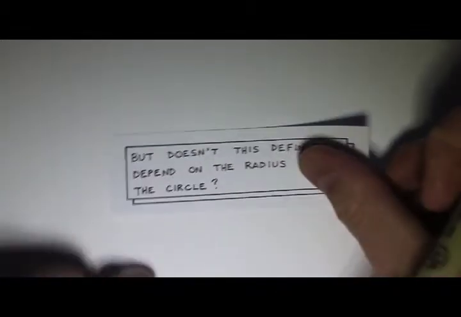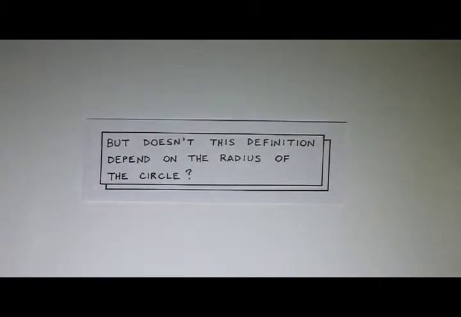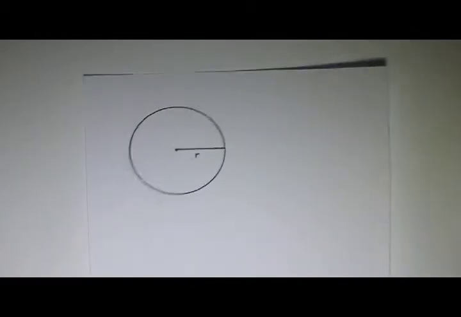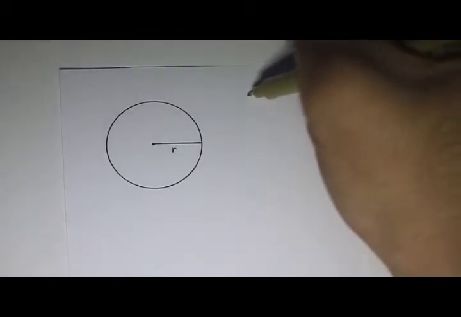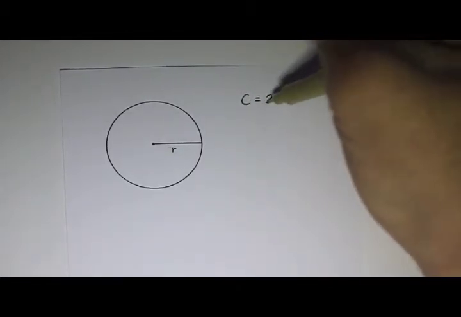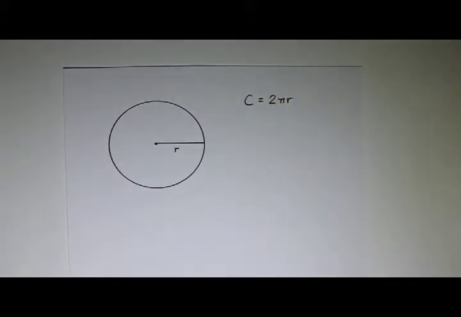Okay, so that seems like it might work for a particular circle, but doesn't this definition depend on the radius of the circle? So if I change the radius, doesn't that change what a radian is? Well, not exactly. I mean, it ends up being a ratio. So here's a circle, and we know that the circumference of a circle, C, is 2 pi r, 2 pi times the radius.